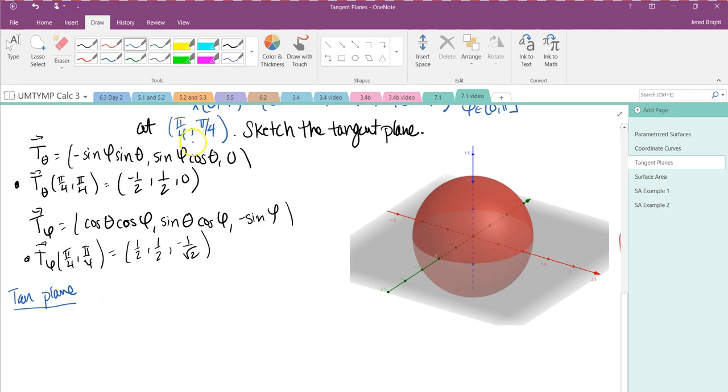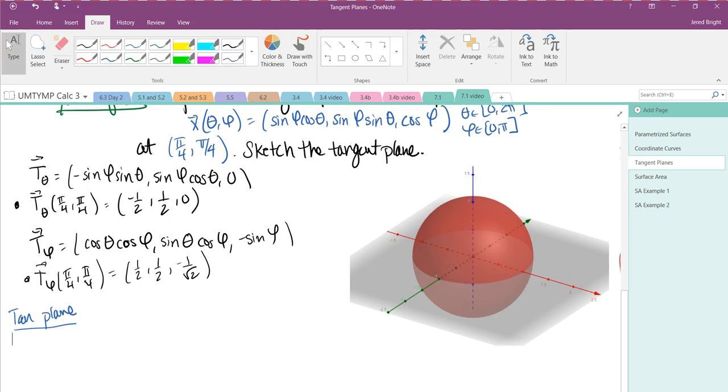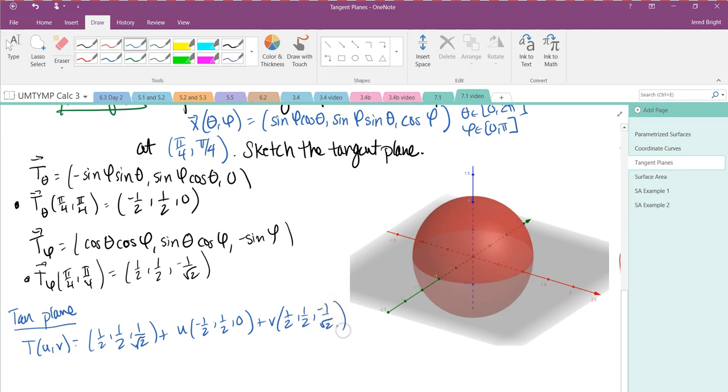If I put in the point, T of u and v, what I should get is 1 over 2, 1 over 2, 1 over root 2, plus u times the first vector, minus one half, one half, 0, plus v times the second vector, one half, one half, negative 1 over root 2, and then specify that u and v are within the real numbers.